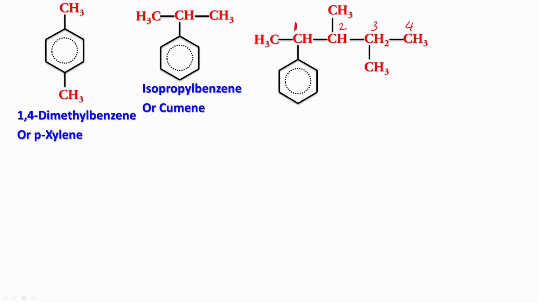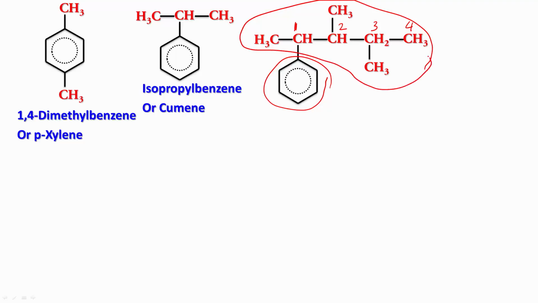You're going to start like that because remember, they are derivatives of benzene. Benzene is the parent and the one attached to the parent is number 1. This is a side chain, alkyl benzene, remember. So this is a side chain. Side chain is always numbered by considering the carbon attached to the parent as number 1.